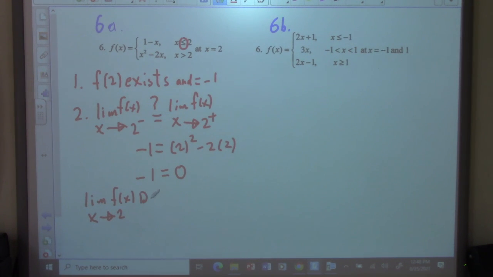Does not exist. So therefore what? It's not continuous. Okay, so f of x is not continuous at x equals 2. So we've disproven the condition.